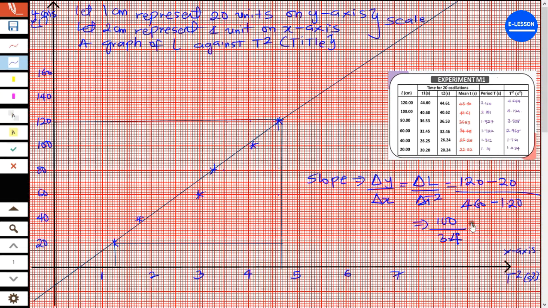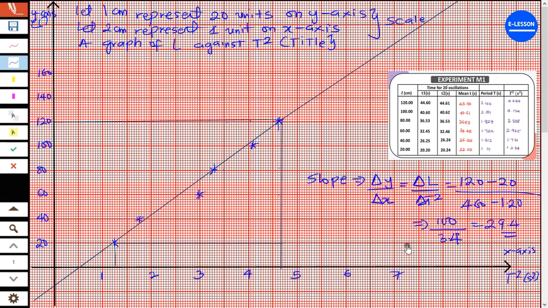Let me confirm. 3.4, right? 4.6 minus 1.2 is 3.4. So 100 divided by 3.4 will give us 29.4. Are you getting it? So that's our value for the slope.